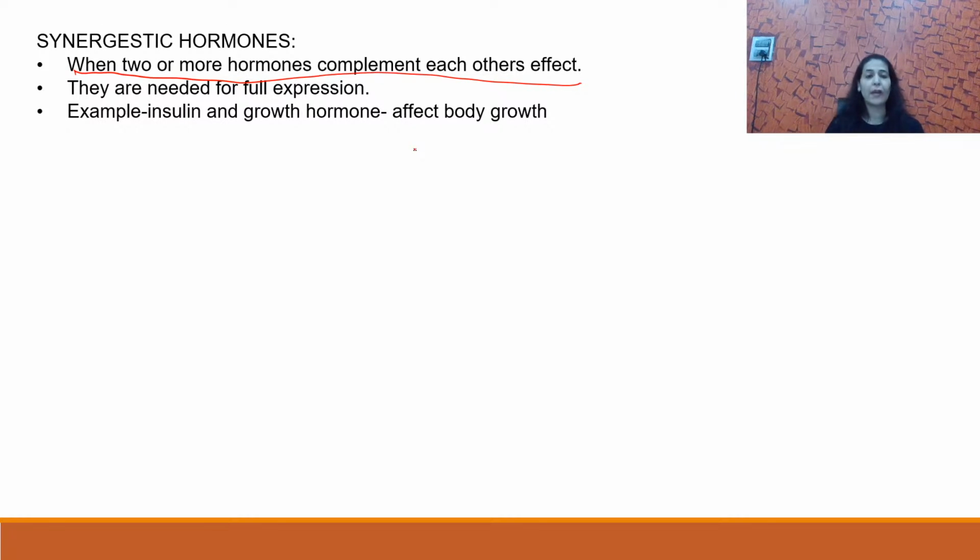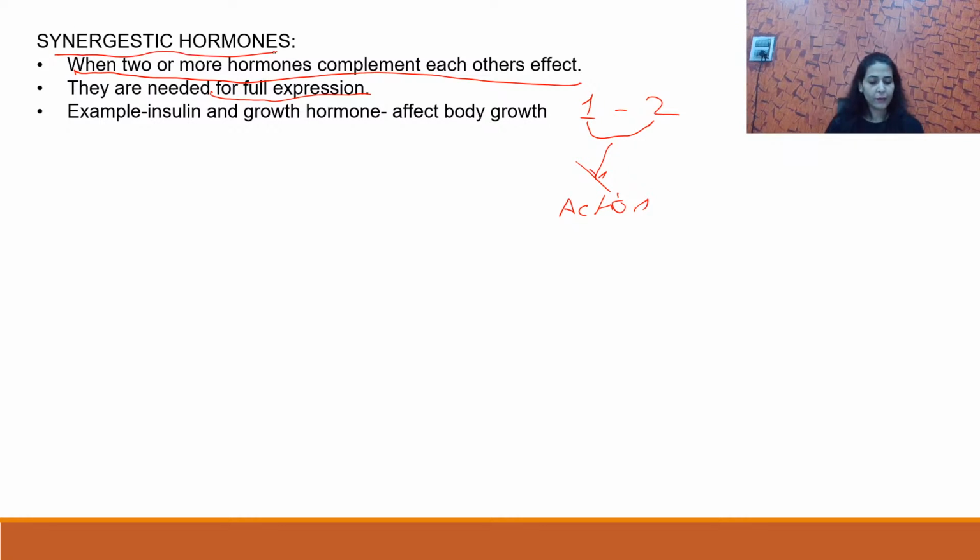Such hormones are known as synergistic, which means for the full expression you require both the hormones. Suppose this is hormone 1 and hormone 2. They should complement each other, so you get the action out of it. Such hormones are known as synergistic hormones.